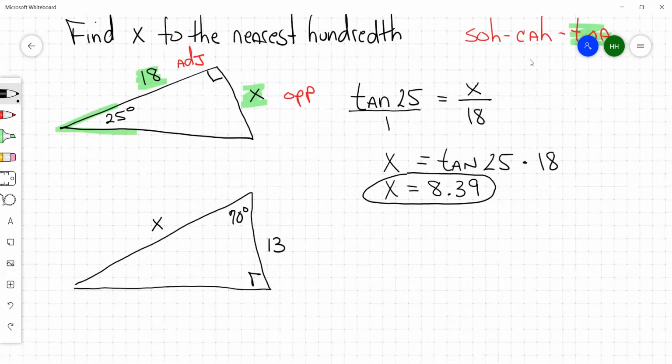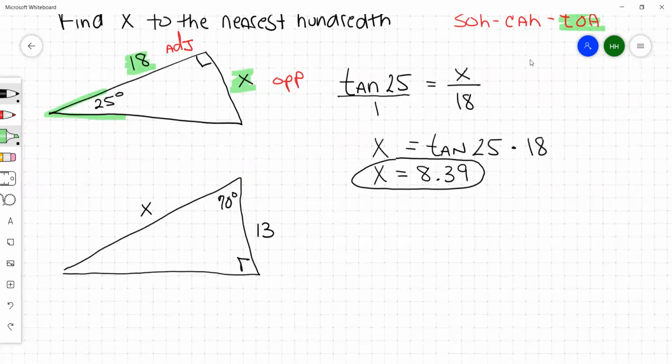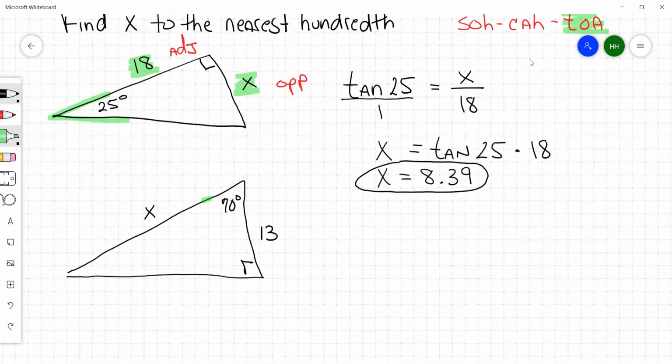All right, so the process was to look at the problem, identify the angle that's given, the side we need, and the other side. So isn't this x the hypotenuse? And what would the 13 be? Very good. It's adjacent.